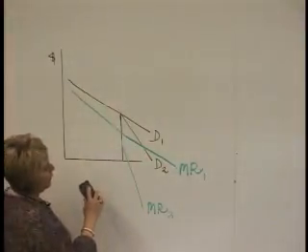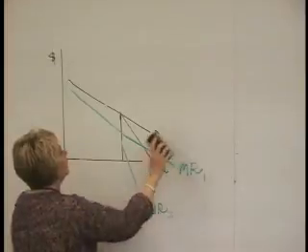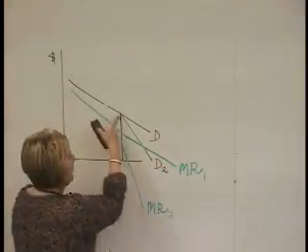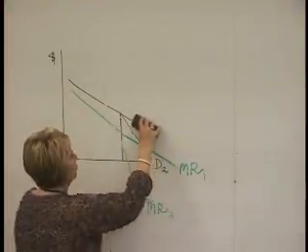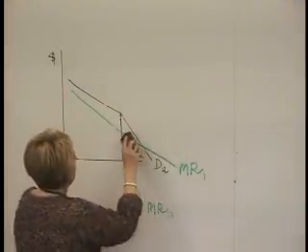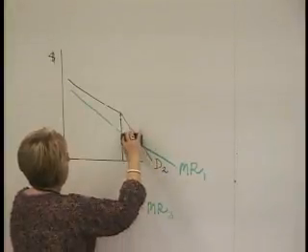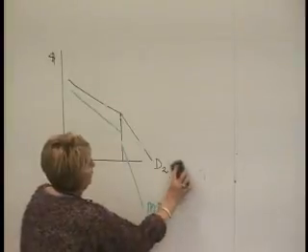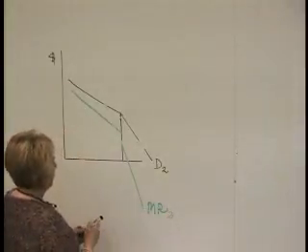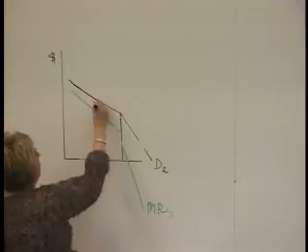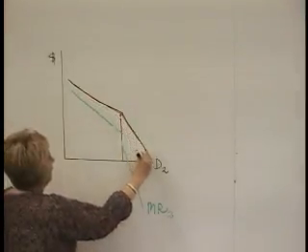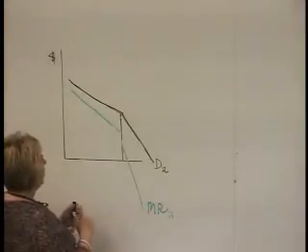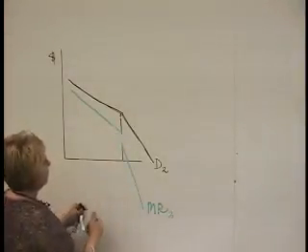Now, if you lower your price, you are going to lose because the others will follow, and so you are on an inelastic demand curve. You take away this one, and you take away this marginal revenue curve, leaving you with a kink in the demand curve and a gap in your marginal revenue.